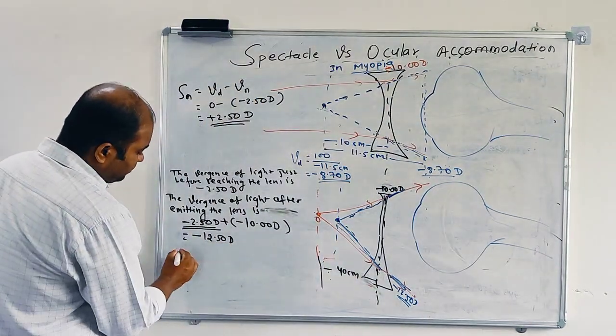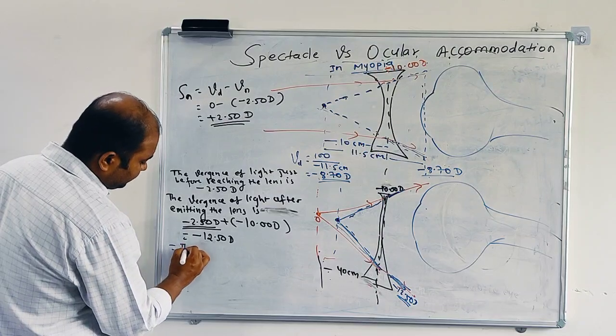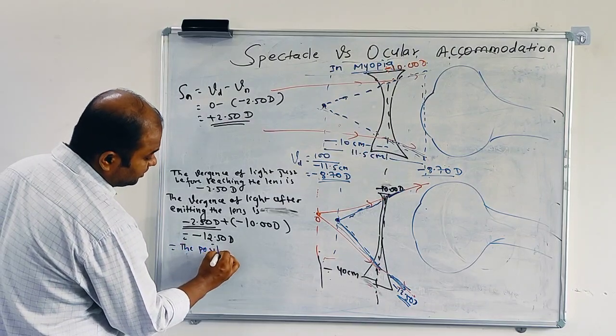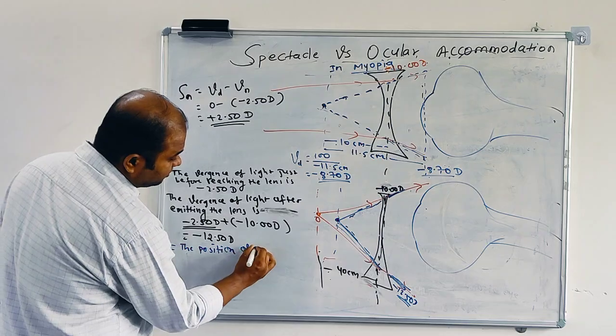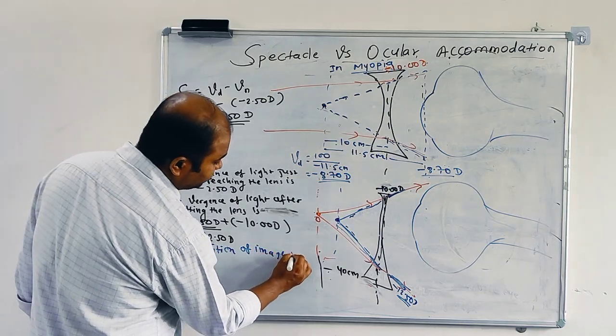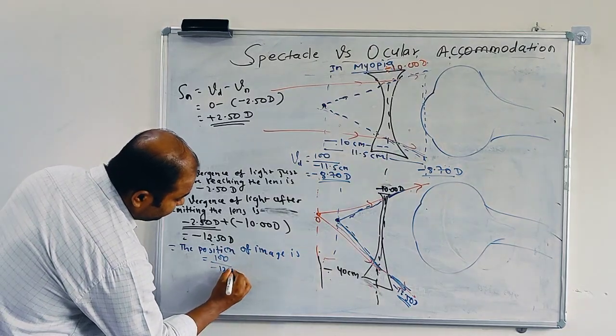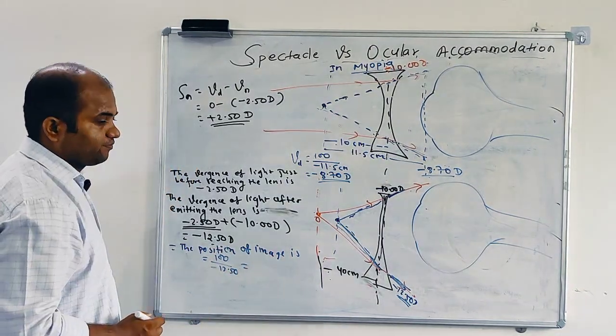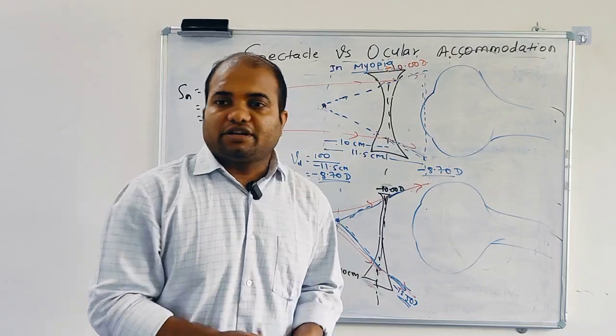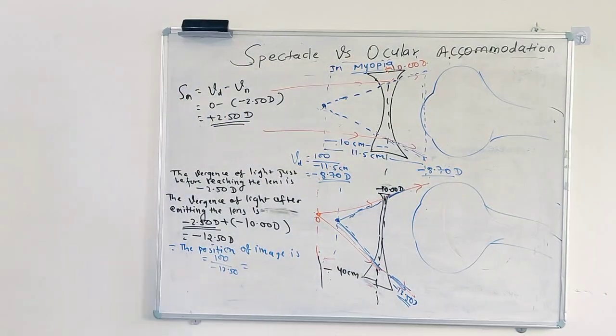So the reciprocal of the position of the image is how much? 100 by minus 12.5 is equal to, let me get my calculator.